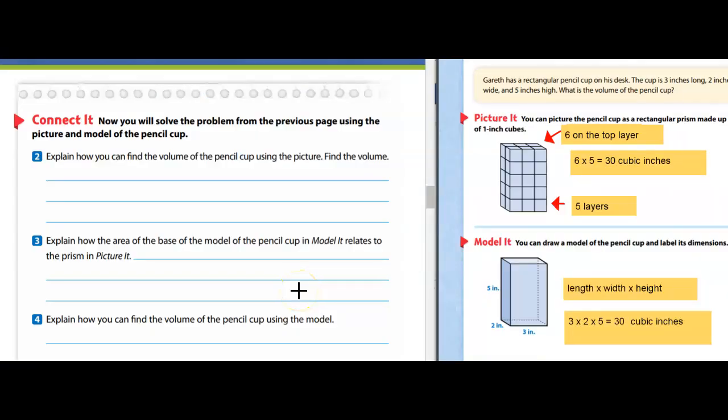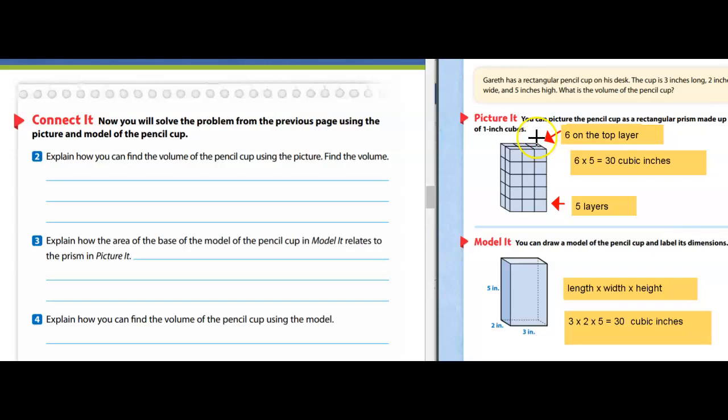So question 2 says, explain how you can find the volume of the pencil cup using the picture and then find the volume. So if we reference our picture over here to the right, we found the volume by counting the amount of layers. So we have 1, 2, 3, 4, 5 layers. And we multiplied it by the amount of cubes on its top layer.